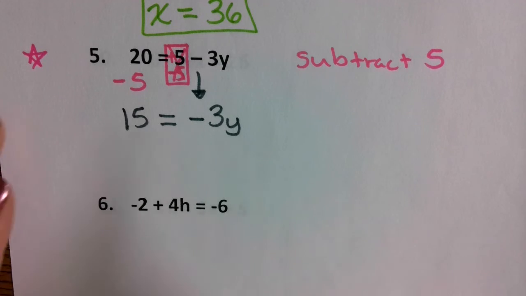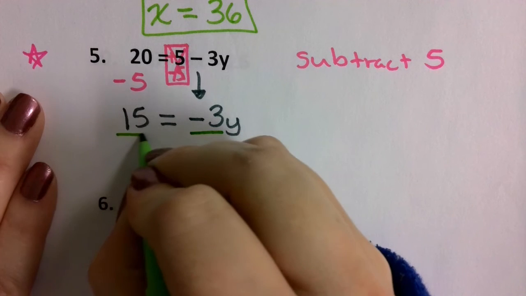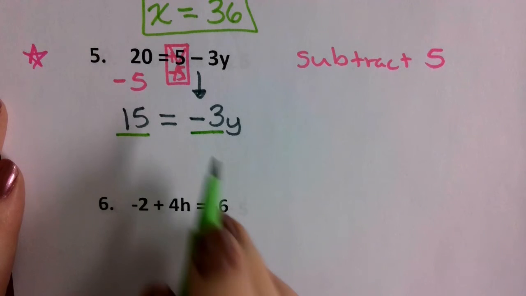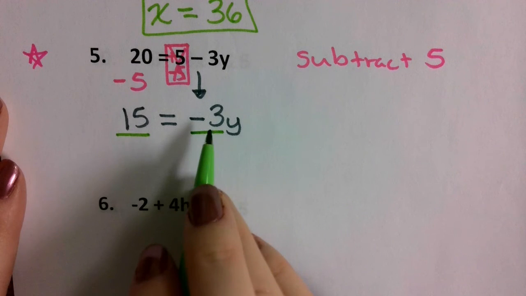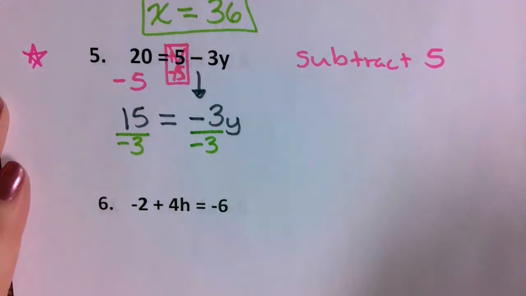Now, in order to get the y by itself, I have to divide. And what am I going to divide both sides by? Not 3. No. Negative 3. I have to divide by the number. The number is a negative 3, so I need to divide by a negative 3.